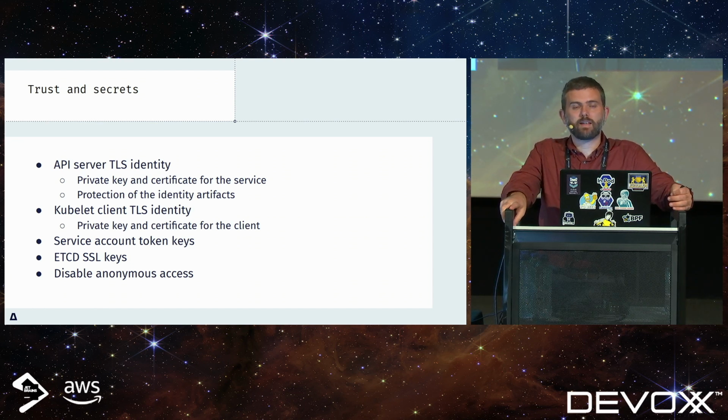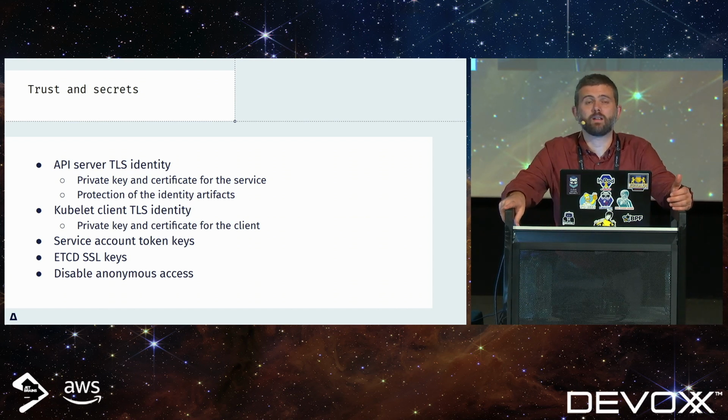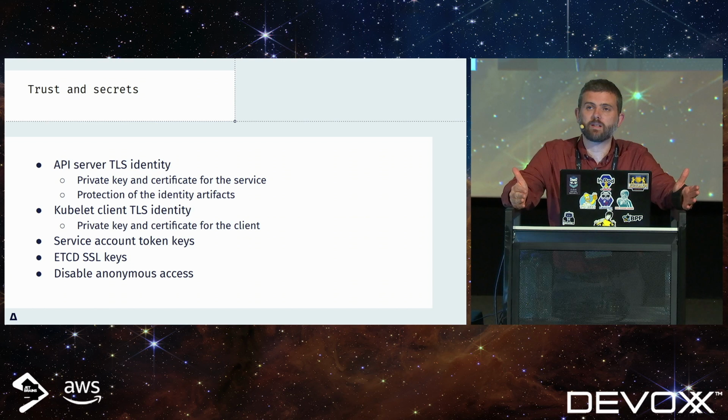So there is the TLS identity of the API server facing the clients, the private key, the certificate, the CA bundle. If someone is able to steal this, he can masquerade himself as an API server and receive all the traffic, and no client will be able to distinguish between the original API server and the stolen one.